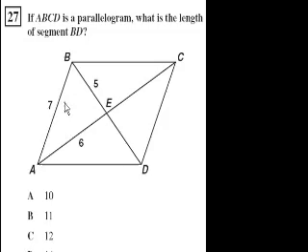If you have a parallelogram, the diagonals bisect each other, which means that they split the other diagonal in two. So this diagonal splits this diagonal in two. So if this is 6, this is also going to be 6. And this diagonal splits BD in two. So if this is 5, then this is also 5. So BE is 5, ED is 5, then BD has to be 10. Choice A.